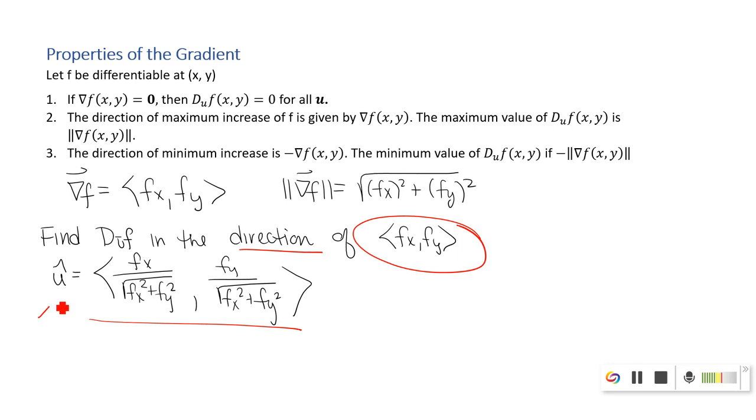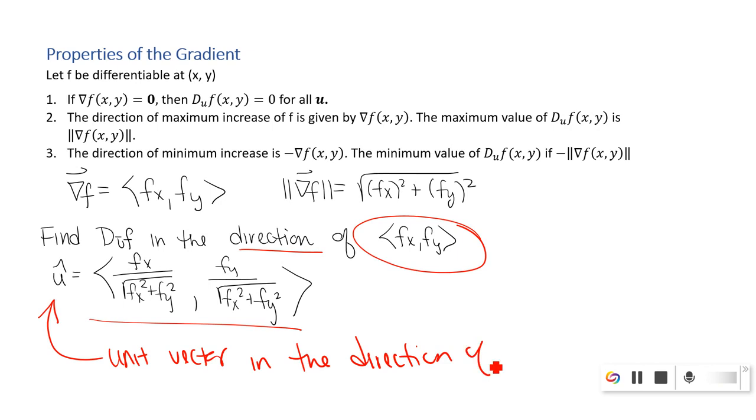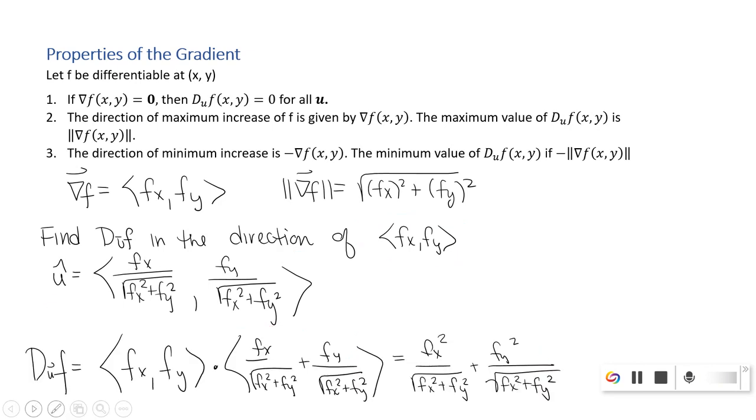So what I have on the screen, vector u, is a unit vector in the direction of our gradient. Then the derivative in the direction of that gradient would be del f dotted with u.